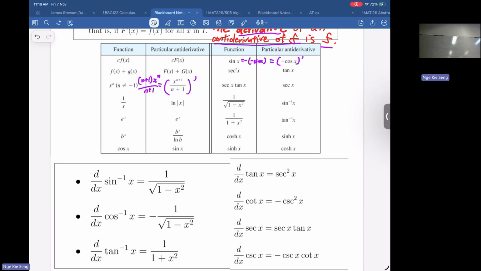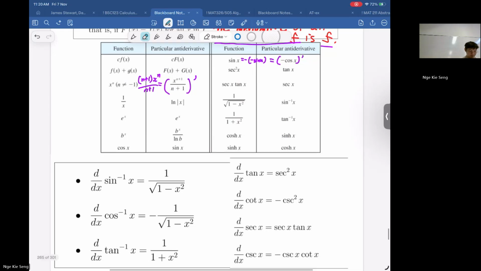So the derivative of the antiderivative of small f. That means we call the thing inside this derivative the antiderivative. Okay, so far so good.